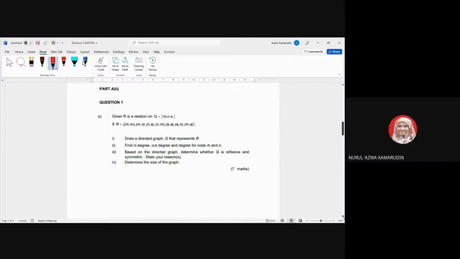Okay, draw the directed graph. So based on R here, kita buat M, N, and A. So MM, MN, NA, NM, AA, MN, and also MA.